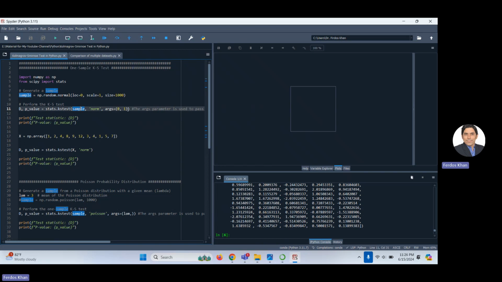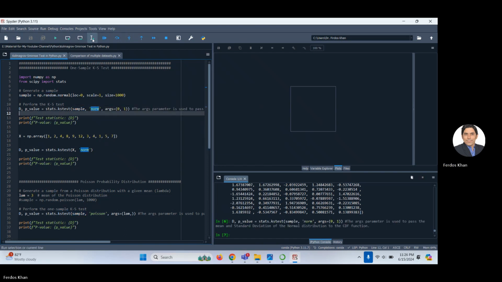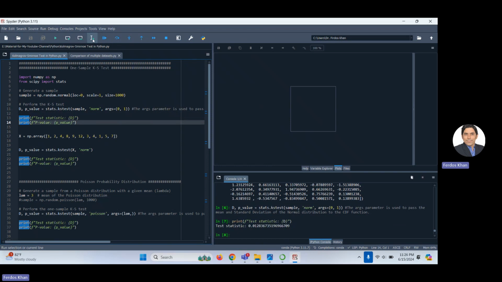So this just passes the parameters of the normal distribution. That means mean 0 and standard deviation 1, as we have simulated from these parameters. So just run this command. Now you will have the p-value and the statistic. Just print that statistic, and I already told you if the statistic value is higher, this means there is more probability we reject the null hypothesis, and we can claim that the data does not belong to the normal distribution.